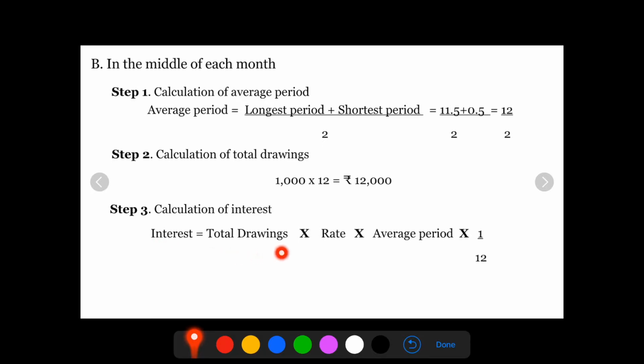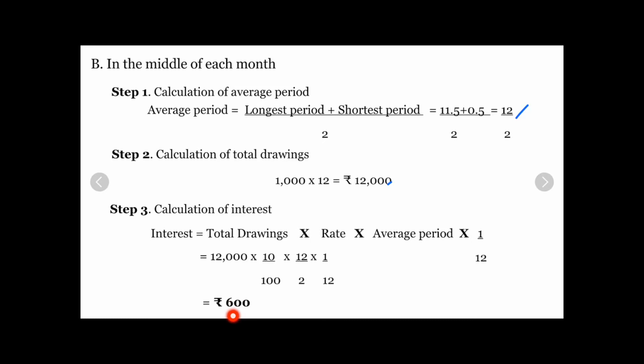Interest is equal to total drawings into rate into average period into 1 divided by 12. What is total drawings? 12,000. Rate is 10% per annum. Average period is 12 by 2 into 1 divided by 12. So interest on drawings, if he withdraws in the middle of each month, will be rupees 600.